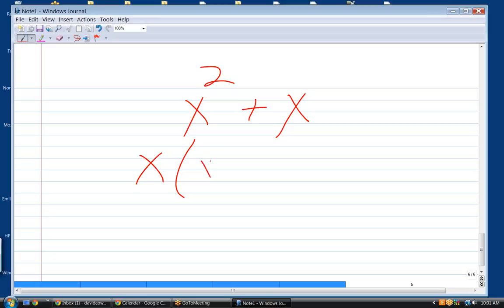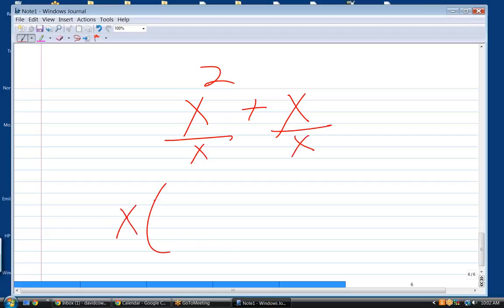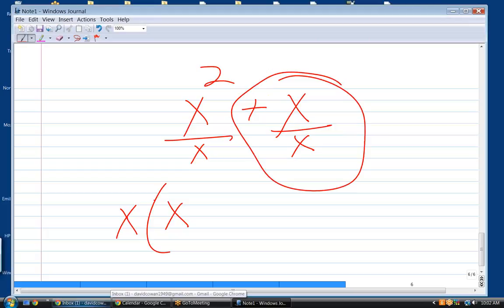X. So, x. Let's go through the steps. X is the greatest common factor, which means I'm going to divide both terms by it. Well, what's this? That's x. What's this? X squared. Anything divided by itself is 1.